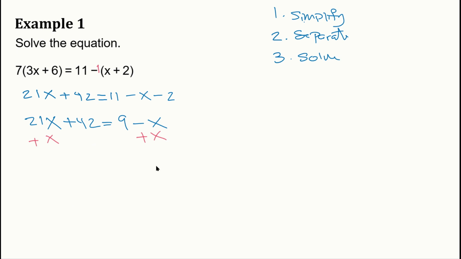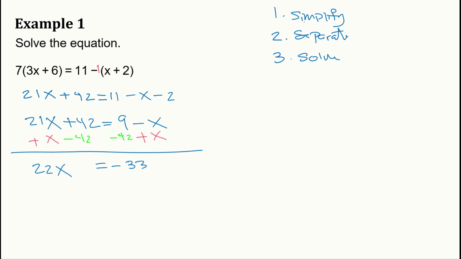We could do that in a new step, but why not take care of it right here, right? So we'll just subtract 42 from both sides as well. So now we end up with 22x equals 9 minus 42, which is going to give us -33.